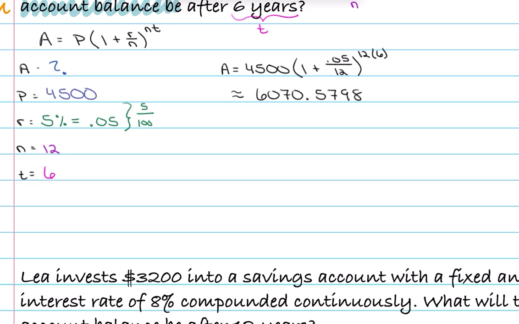So if I look at that 7, that 9 is going to bump us up 1. So my ending answer is going to be $6,070.58. So if you invest $4,500 at 5% interest, compounded monthly, after 6 years, you're going to have a little over $6,000. Okay, let's take a look at another one.